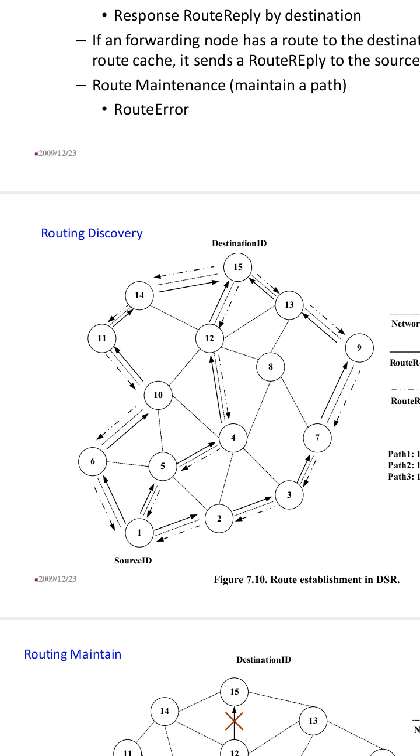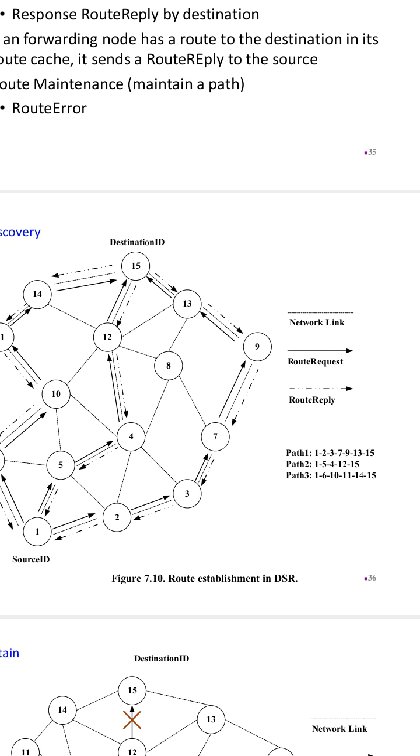Like this, all adjacent nodes send to their corresponding adjacent nodes in the network until the destination is reached. Once the route request packet reaches node 15, node 15 sends the route reply packet to the source node.